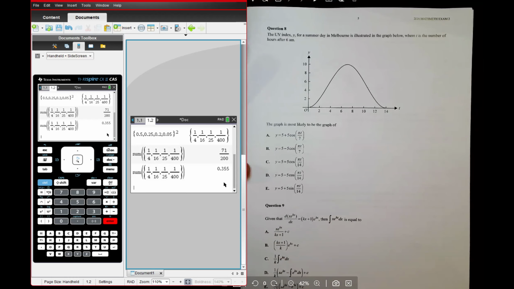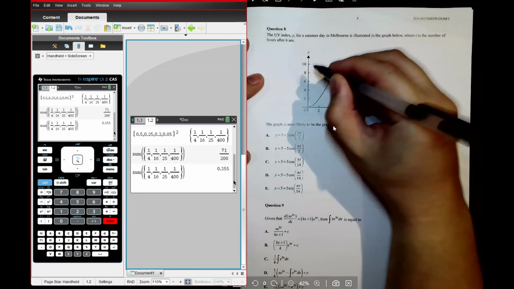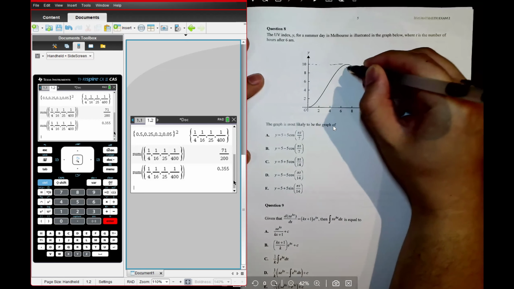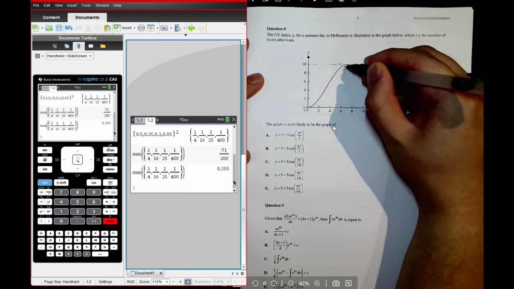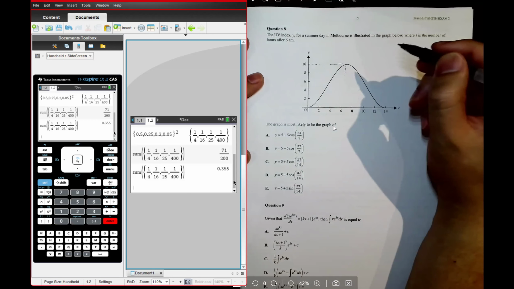Question 8, we talk about the UV index Y for a summer day in Melbourne, and it's illustrated in the graph below, where T is the number of hours after 6 a.m. The graph is most likely to be the graph of, okay, so first you identify the highest point and lowest point.